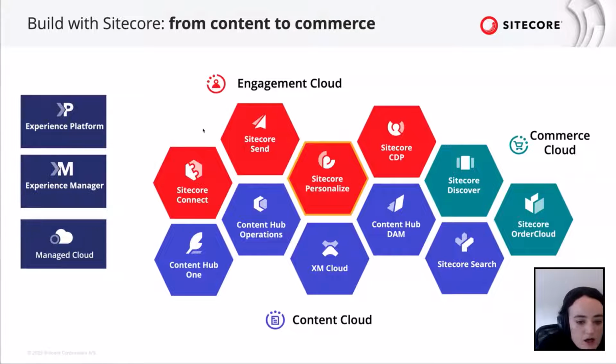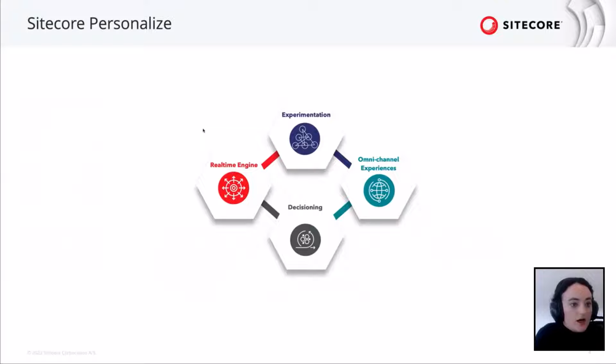I just want to give you a high-level view of what Sitecore Personalize is before I jump into the demo, for any of you that are totally new to the product. There are 3 main components. There's experimentation, A/B testing. There's omni-channel experiences, which is basically showing personalization on multiple different channels.